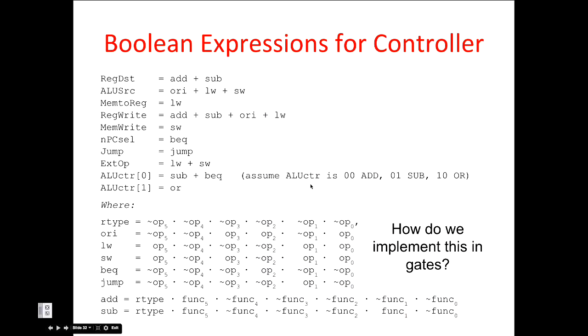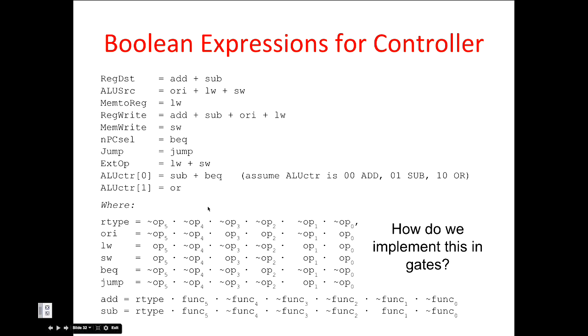So that's what we've done here, where 0, 0 is add, 0, 1 is sub, and 1, 0 is or. So we can break up ALU control into 2 bits. The most significant bit is a 1 when we're dealing with an or. The least significant bit is a 1 when we're dealing with a sub or a branch. Otherwise, it's 0.